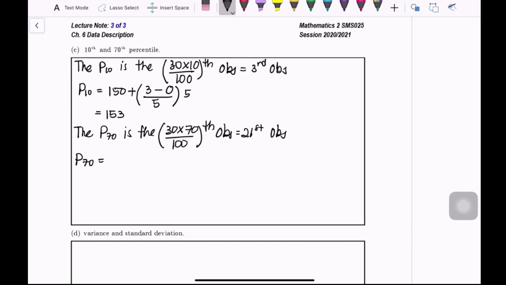P70 is equal to the lower boundary for P70, which is 165, plus 21 minus the cumulative frequency before P70, which is 16, over the frequency for P70, which is 6, times C, which is equal to 5. So P70 is equal to 169.17.